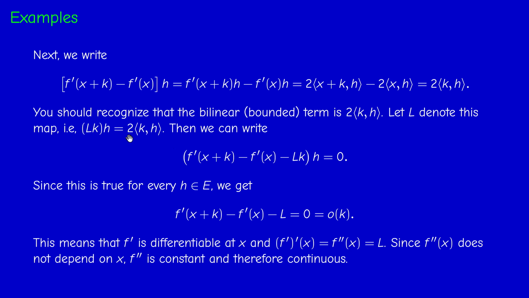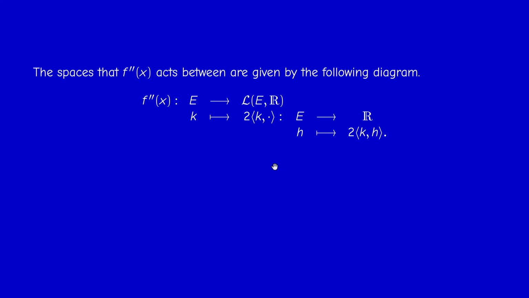that you can write in two equivalent ways, either as twice the scalar product of k, h, or if you like, you can think of L either as a bilinear map of k and h, or as a linear map that takes values in the space of linear maps. Same thing. Okay, so you are free to choose the interpretation that you want. Okay, so I hope that this is clear. And if you want to be more specific, if you want to see between which spaces f double prime of x acts, it acts from E because here U is E because x is arbitrary.